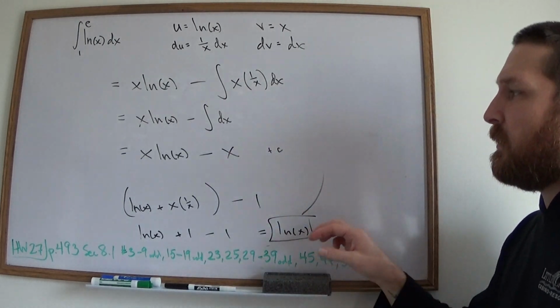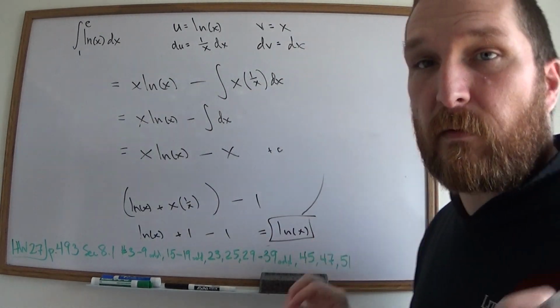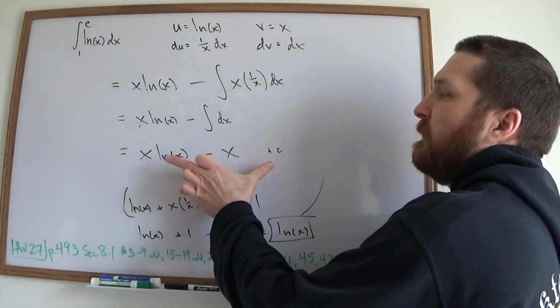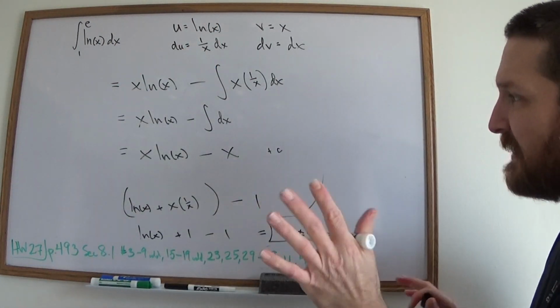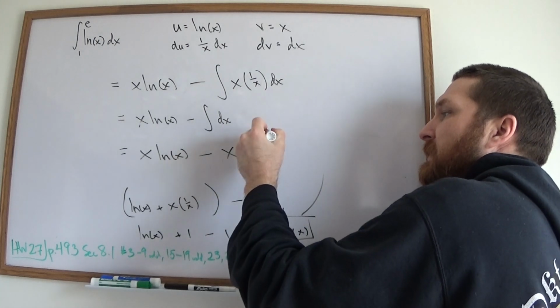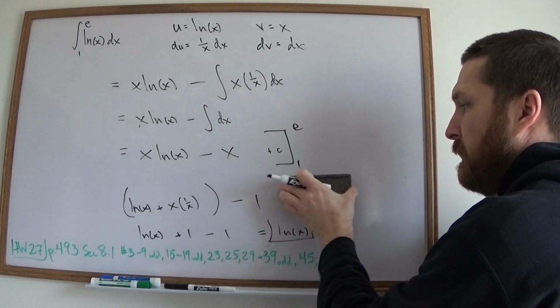Okay, so now let's take this thing and evaluate it at the endpoints. So we are certain this is the antiderivative of that, and so to do the definite integral, we're going to evaluate this from 1 up to e.